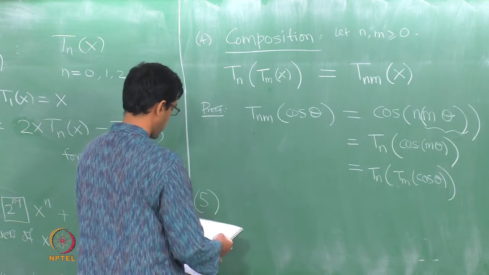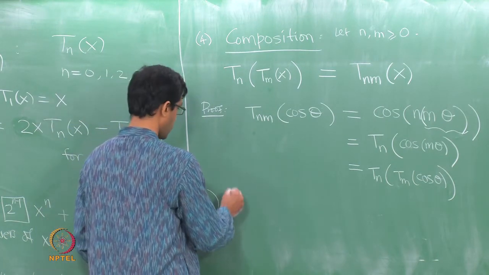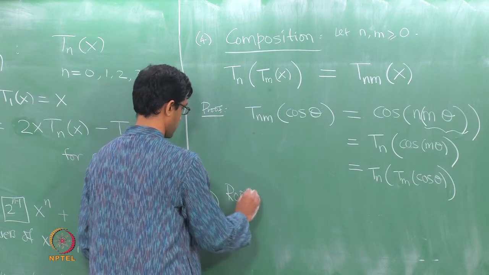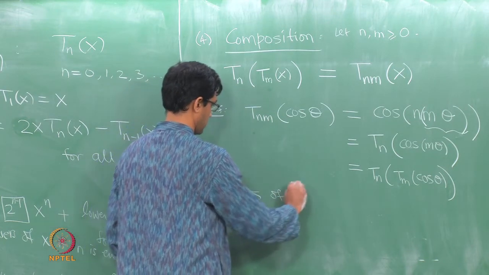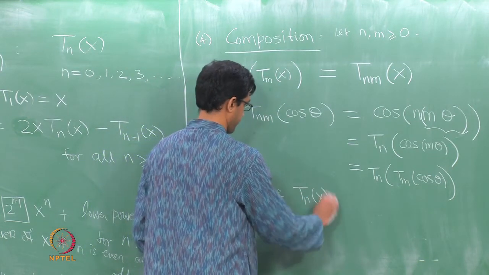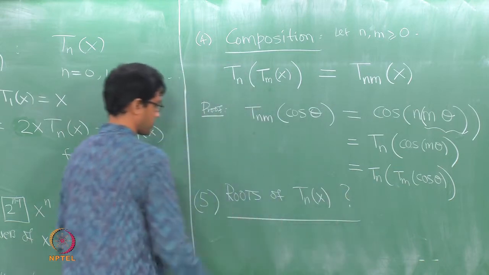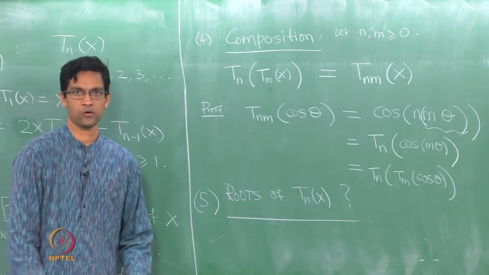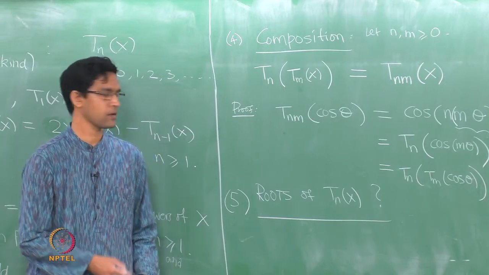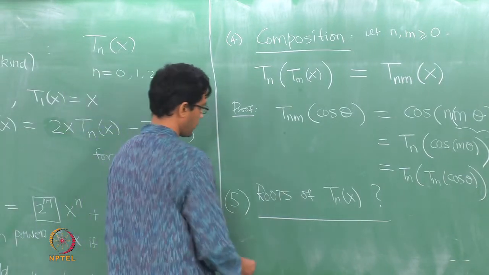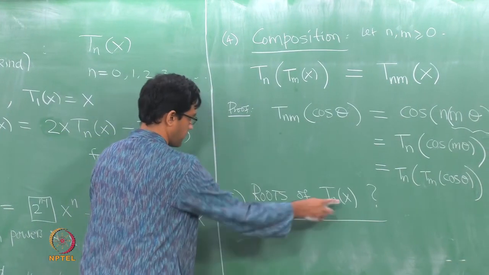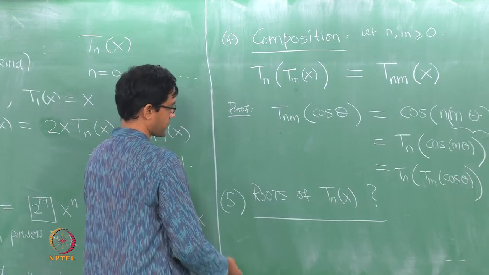And here's the final property that I want to talk about. What are the roots of Tn? If you want to figure out what the roots of this polynomial are, here's what you have to do. You must ask what are the values of x which will make Tn of x 0, right?